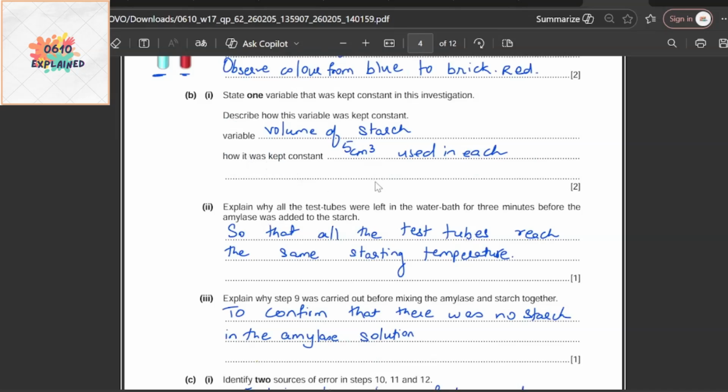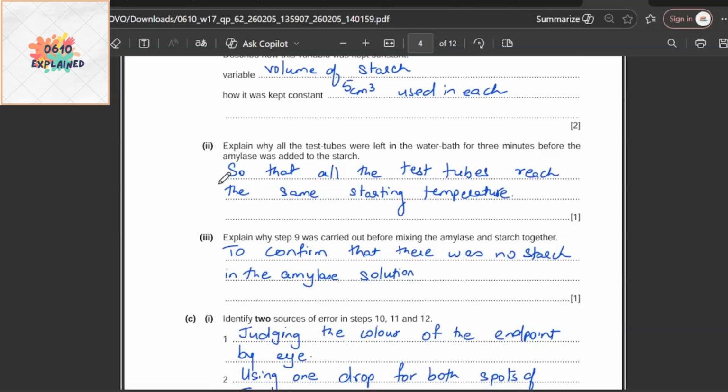Then we could talk about the volume of the enzyme amylase. Again, you saw that all the three percentages, 3, 2 and 1, were all kept at 1 cm cube. The temperature maintained at 60 degrees Celsius was also mentioned, and the time, that is 3 minutes for equilibration, was also mentioned. So all these are your options.